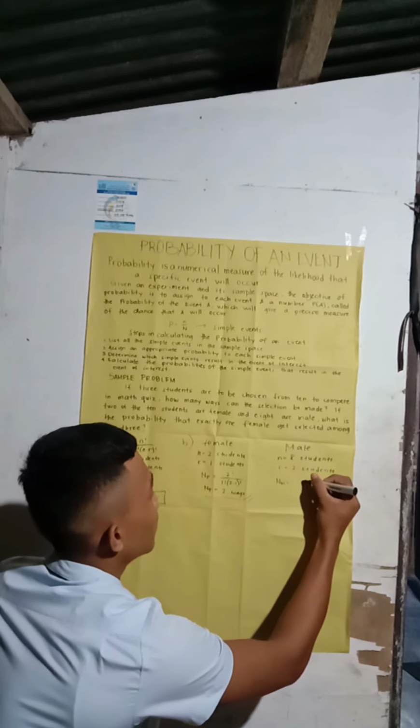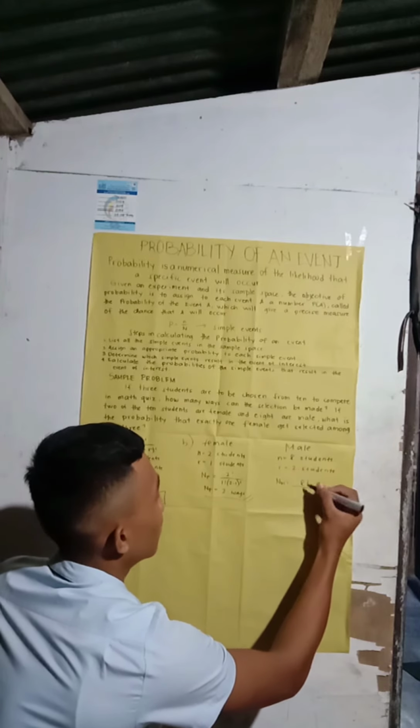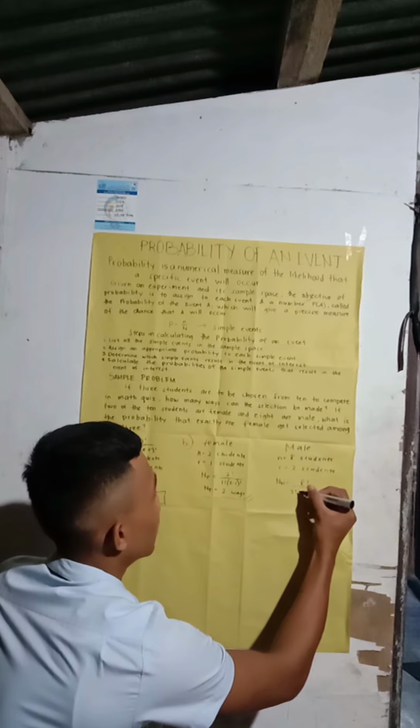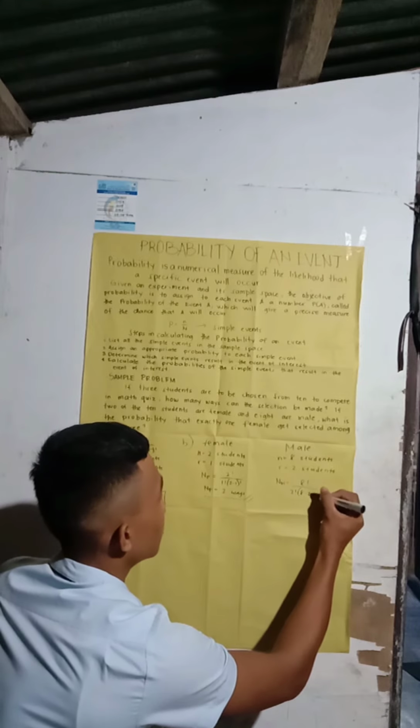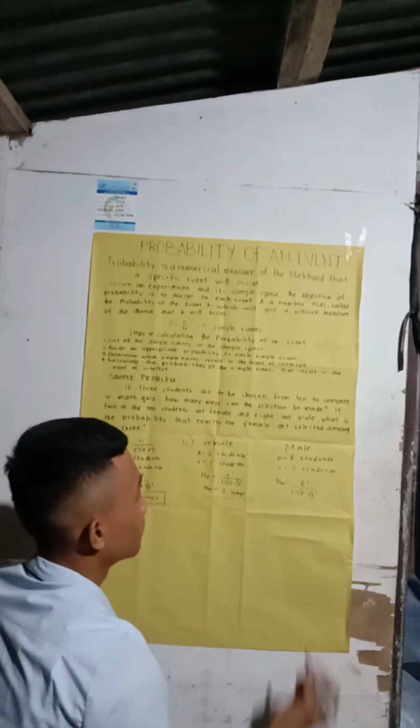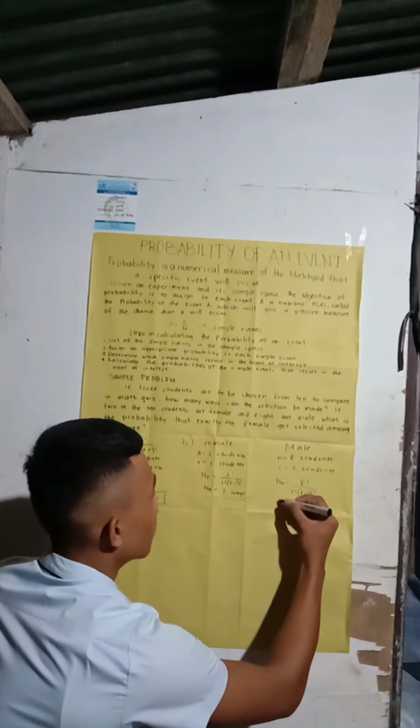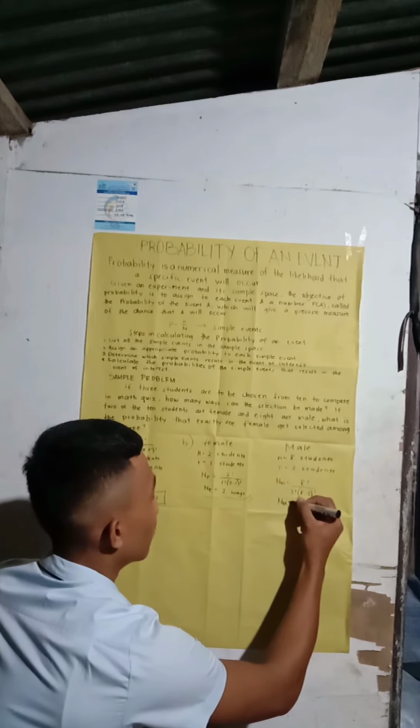So we will substitute 8 factorial over 2 factorial times 8 minus 2 factorial. By computing, we will get 28 ways.